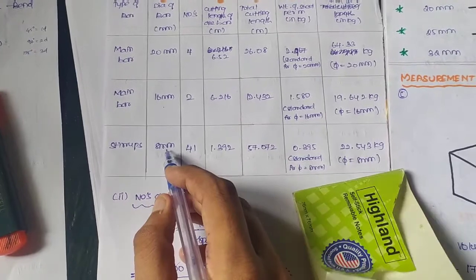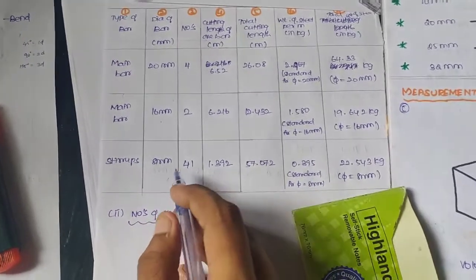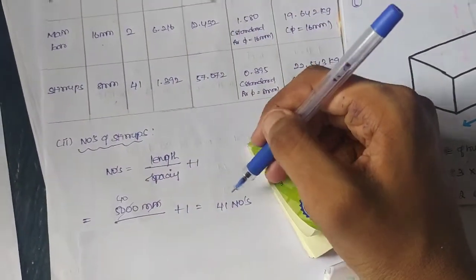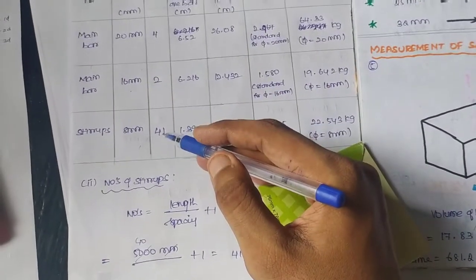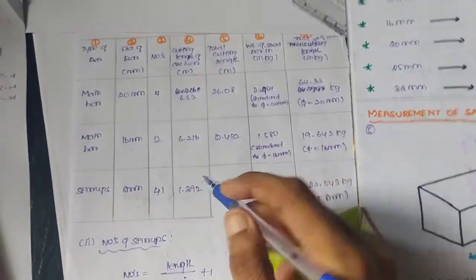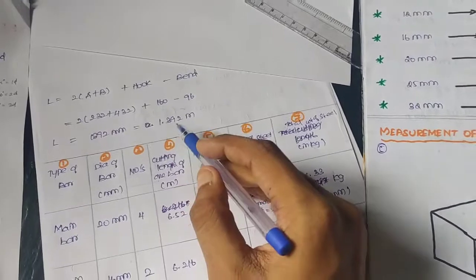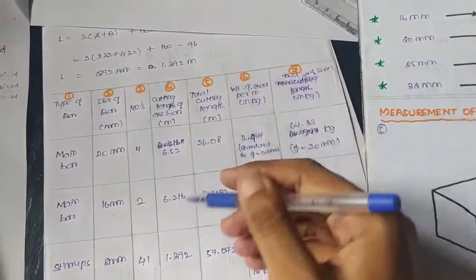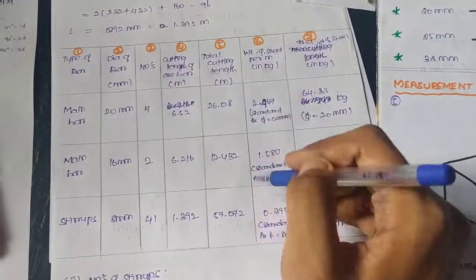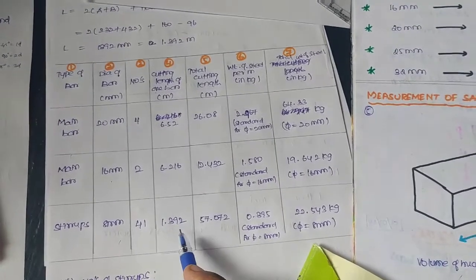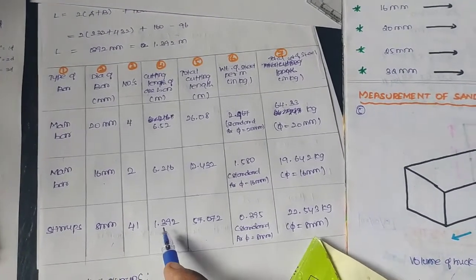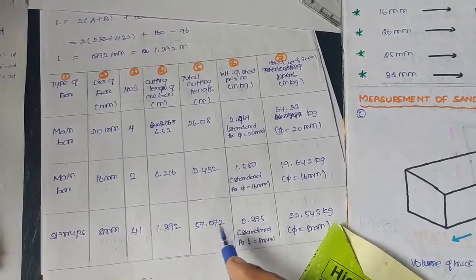Stirrups are 8 mm, right, and we have calculated the number of stirrups as 41 numbers. The cutting length of one stirrup we have calculated as 1.392 meter, and the total cutting length is numbers into cutting length of one bar. So 41 into 1.392 is 57.072 meter.